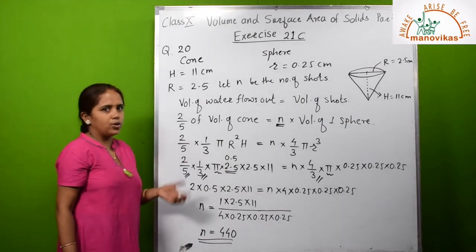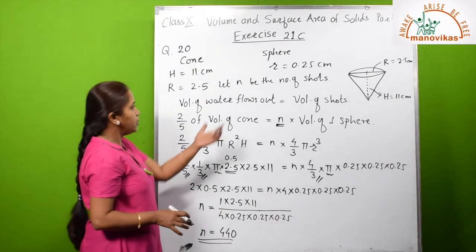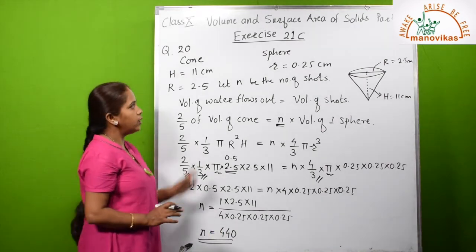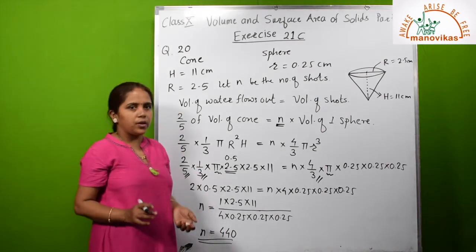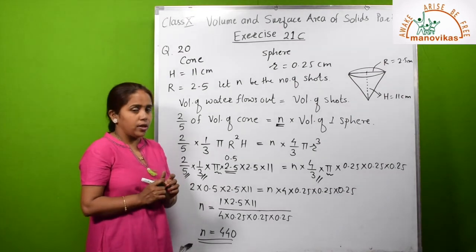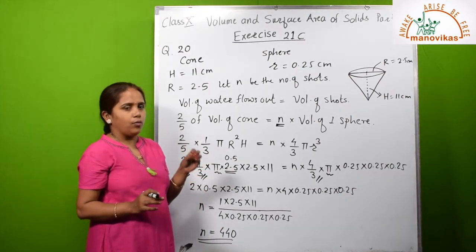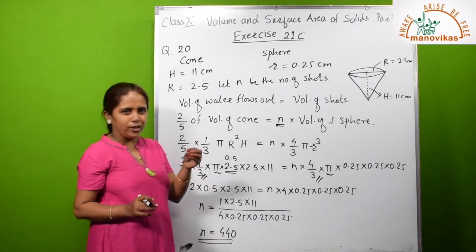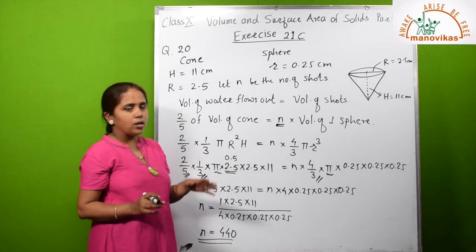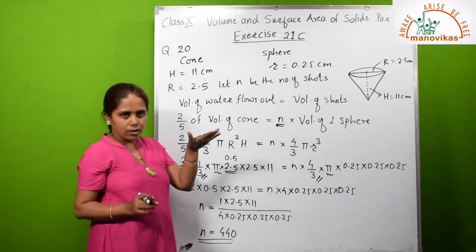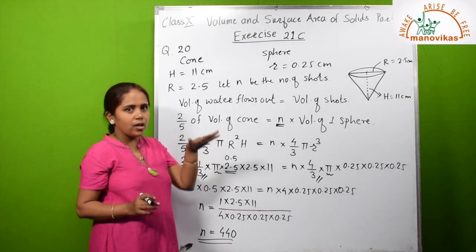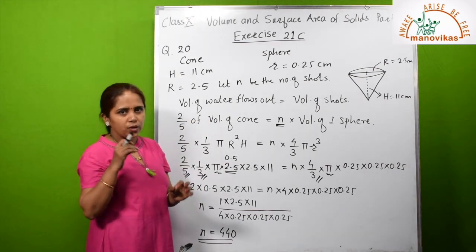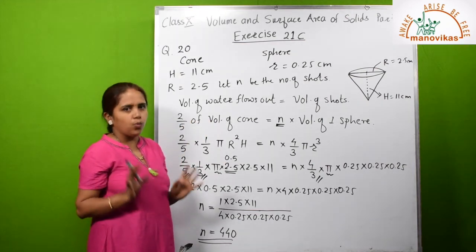So how many lead shots we have to drop? That is 440. So one thing here, whenever there is a question related to this type, means in water some solids are dropped, or lead shots or spheres are dropped, then volume rises, water level rises, that volume is nothing but the volume of the spheres which are dropped in the water.